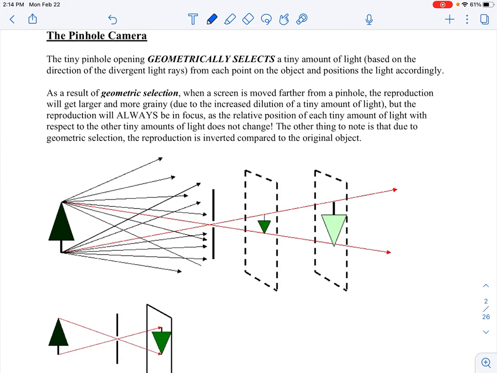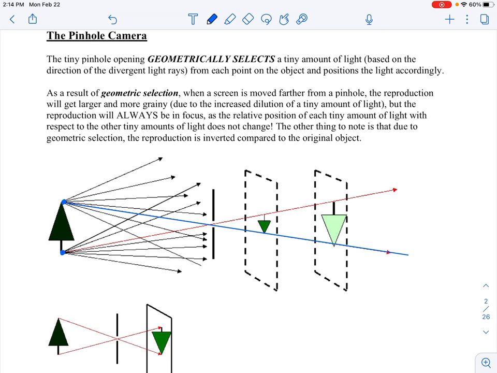But the pinhole camera is really instructive because it shows us some of the properties of light. We think of light as behaving like a ray, just like a ray in geometry. It has an origin. In this case, light is being emitted from the light bulb, and then it travels in straight lines like this. What we like to do is think about 1 or 2 representative points on the object.